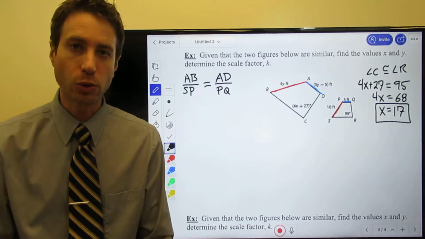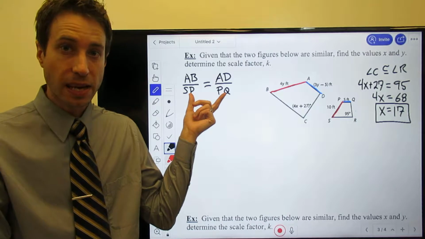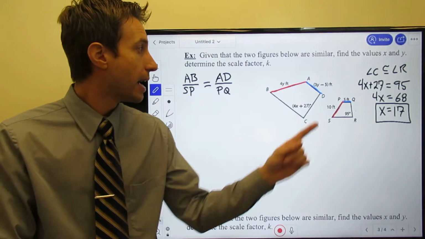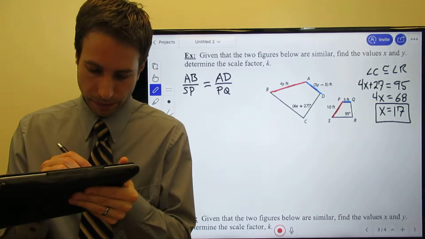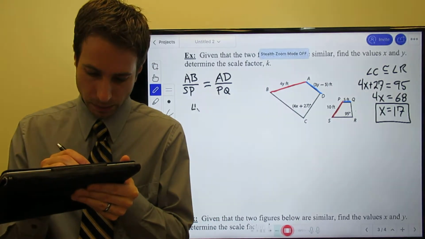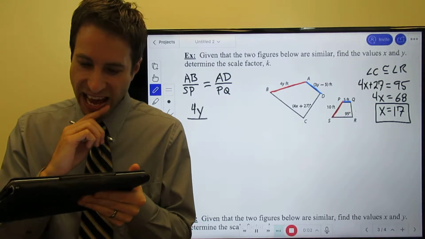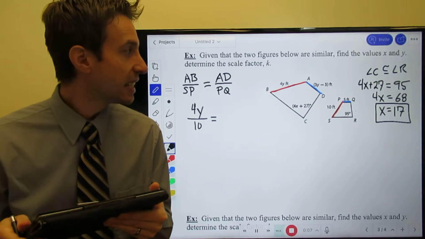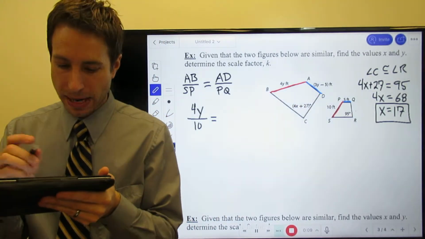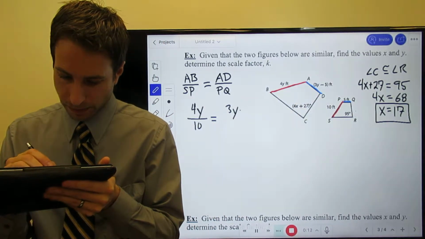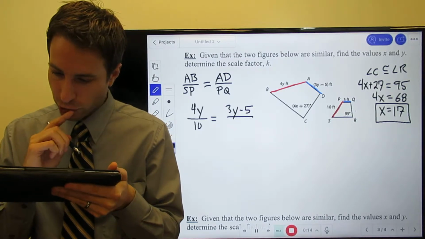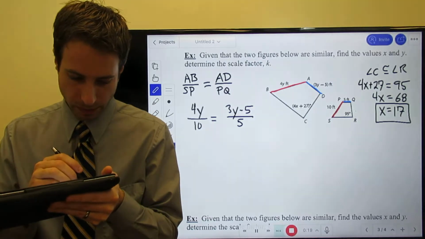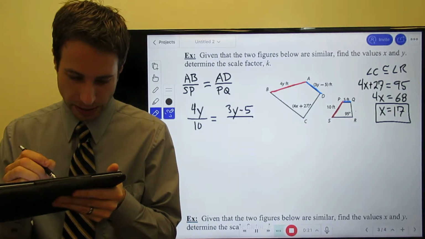Well, since they're all equal to each other, just set them equal. Now what do we do? Plug and chug, right? AB is 4y. SP is 10. AD is 3y minus 5. And PQ, sorry, that's a sloppy 5, let me fix it, is equal to 5.